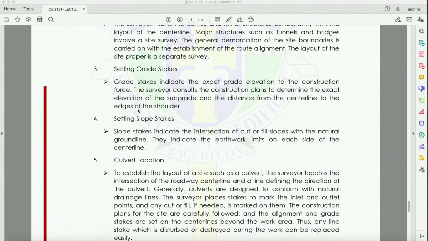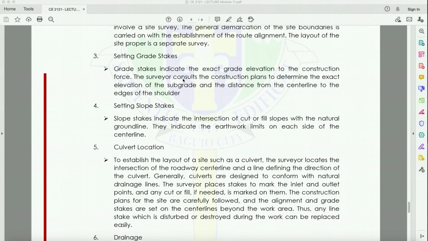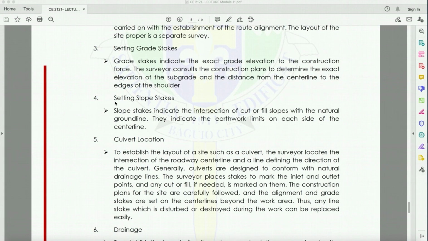So, setting grade stakes. Grade stakes indicate the exact grade elevation, like the other term, it is profiling. The surveyor consults the construction plans to determine the exact elevation of the subgrade and distances of the center line to the edge of the shoulder.